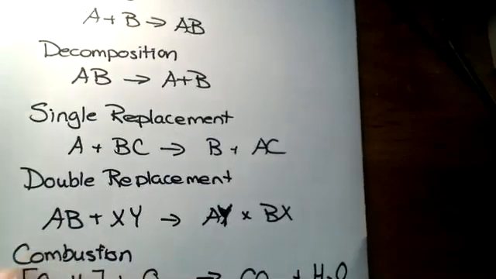Okay, so let's go on to the next thing that you're going to see on the test, which is going to be just balancing. And this is where I'm going to give you some reactions, and your job is going to be to balance those reactions using coefficients. And remember, anytime we balance a reaction, we are not allowed to change the subscripts.